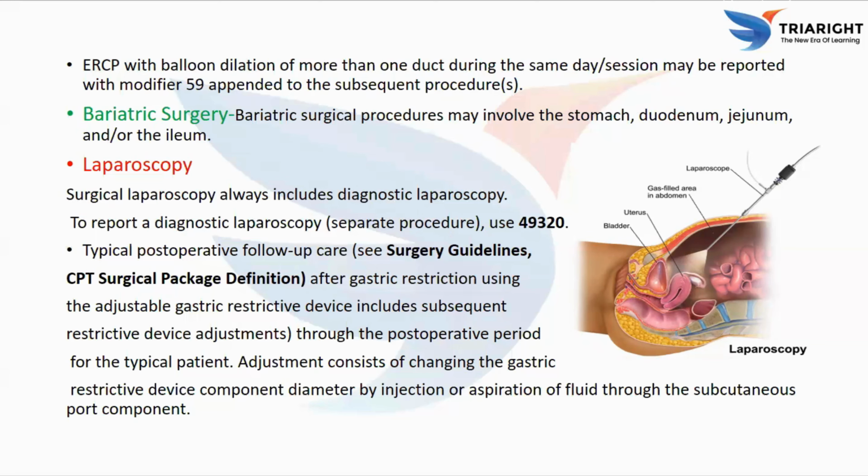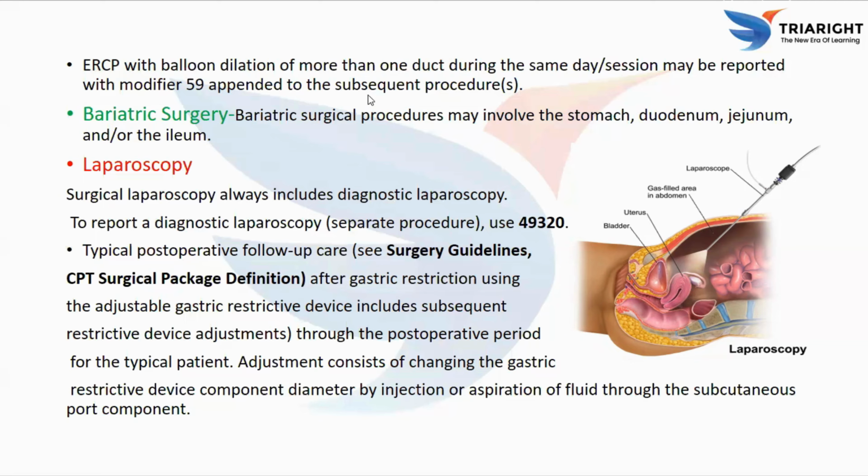So what is the coding rule here? Report the initial balloon dilation code, and append modifier 59 to the subsequent balloon dilation. Modifier 59 indicates a distinct procedural service, a different duct treated during the same session. So same duct, same session, there is no need for a modifier. If it's a different duct within the same session, you have to assign modifier 59.